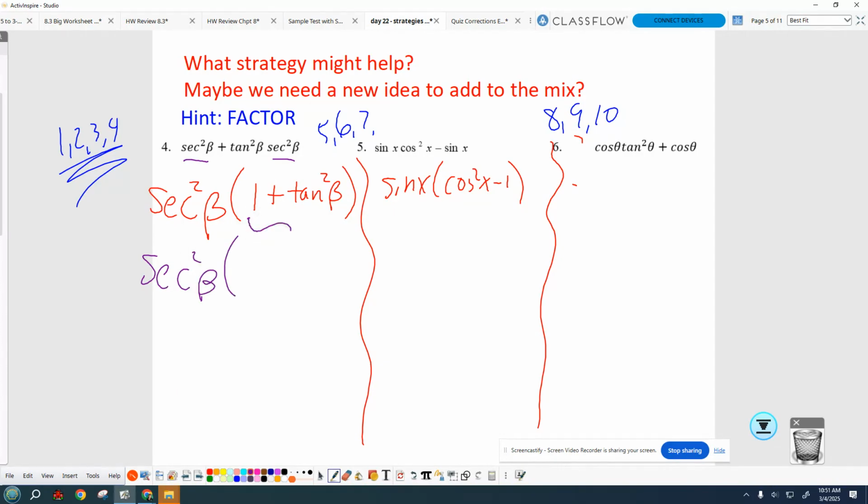So we're getting rid of this and putting what that equals. Secant squared beta times secant squared beta becomes what? Like x squared times x squared becomes x to the 4th. So secant squared times secant squared becomes secant to the 4th. And don't lose the angle.